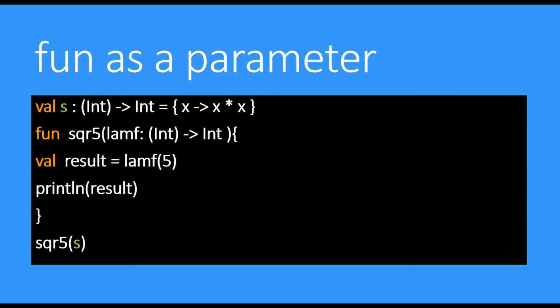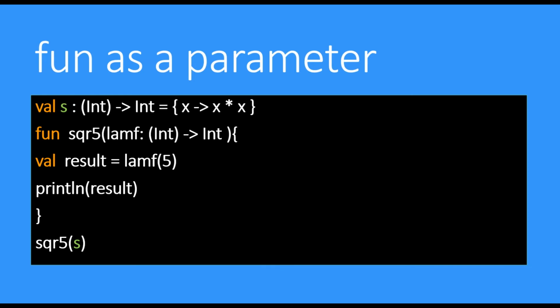And here we have higher order function square 5, which requires as a parameter another function, a lambda function of type int, that type which we actually declared here. It invokes that function inside of the body and prints the result.